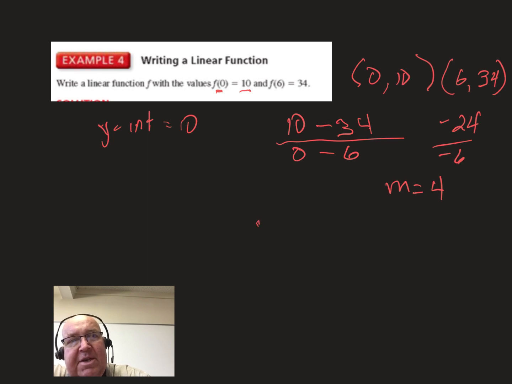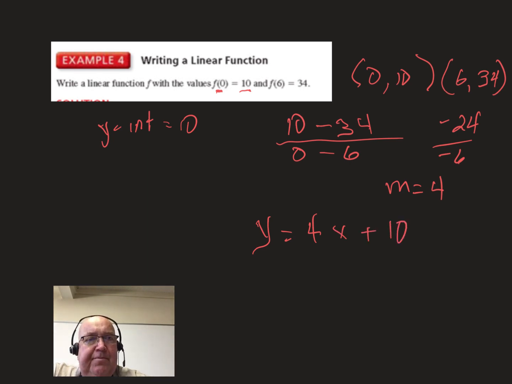So we can now write the equation y equals 4x plus 10. Later on, we'll be given points where we'll have to find our b, but for this portion, you're just going to be using y-intercepts. You can recognize them either from a graph or from ordered pairs.